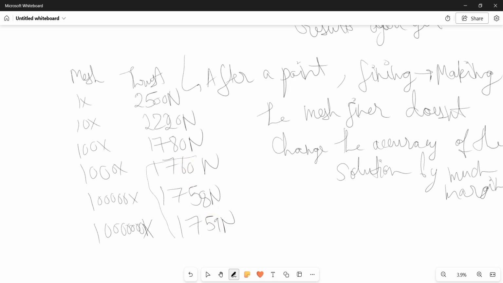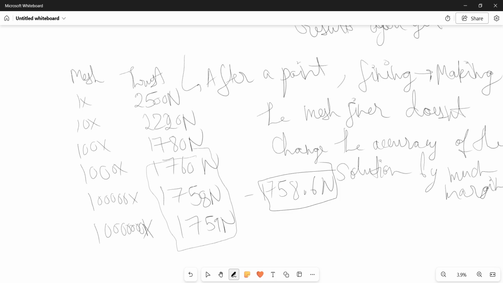So this is when, even after making the mesh finer, you are getting around the same result. The accuracy is not changed. Suppose the actual physical convergent value is 1758.6 Newton, right? You can see that the accuracy is not changing much even after making the mesh finer.